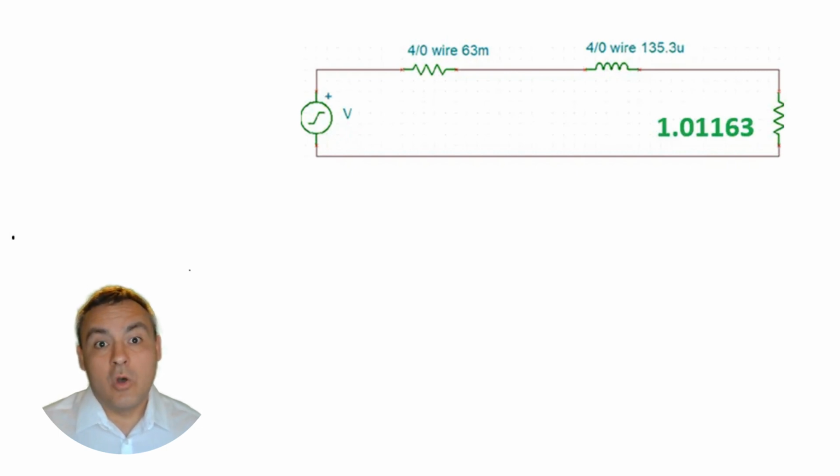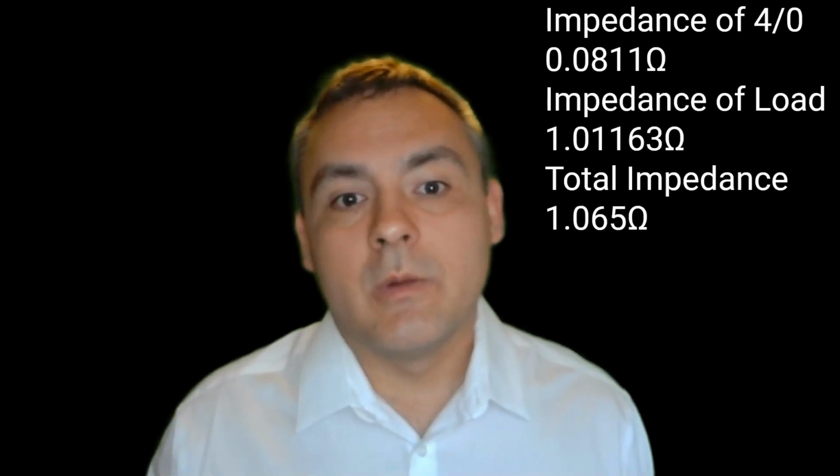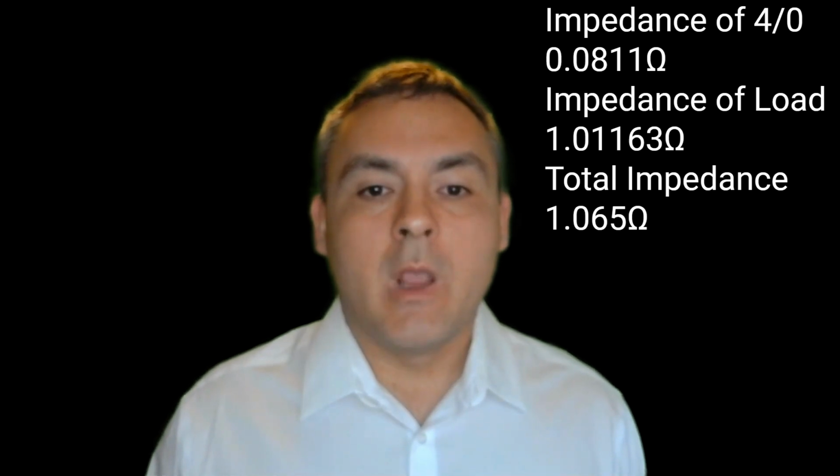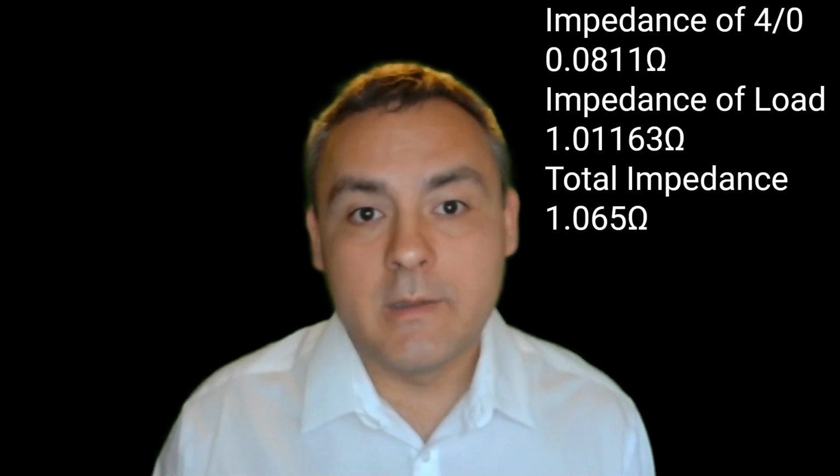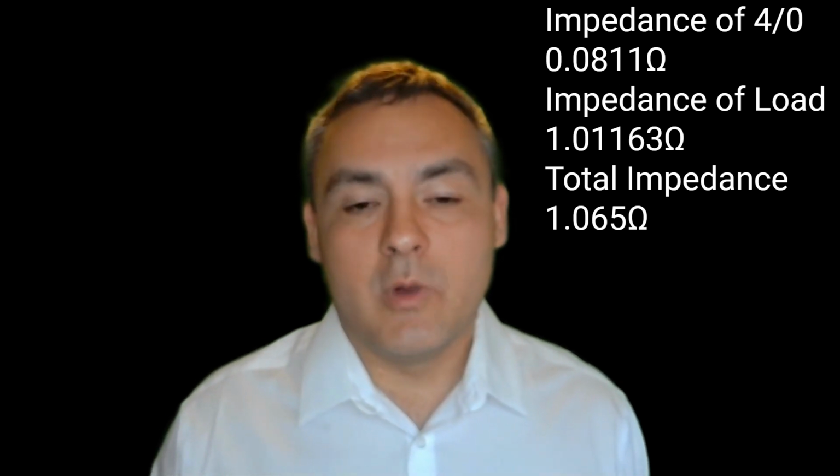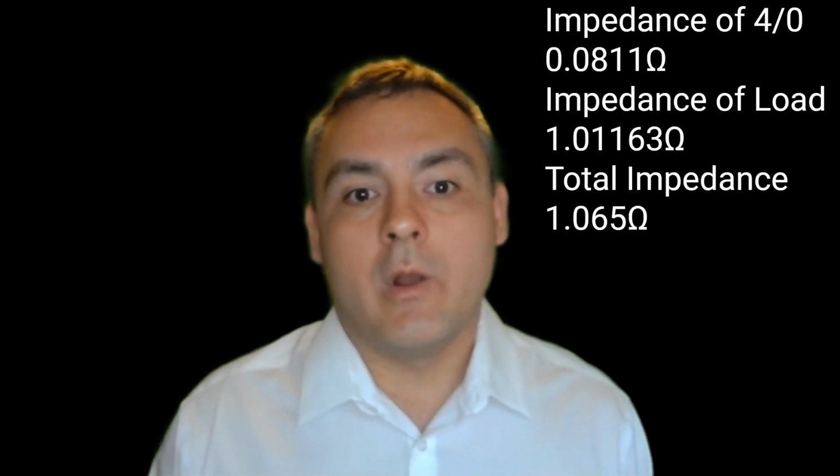Now we use Ohm's law to calculate the current for the fundamental and each harmonic. Let's start with the fundamental of 60 hertz. The impedance of the 4-aught conductor at 60 hertz is 0.0811 ohms. The load resistance is 1.0116 ohms.